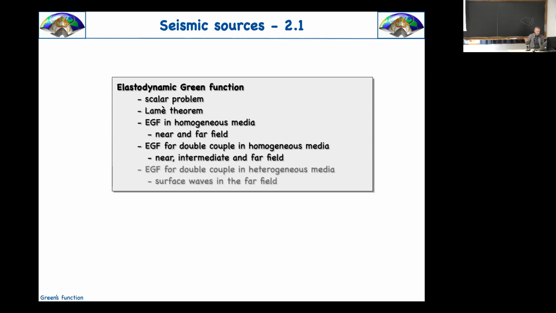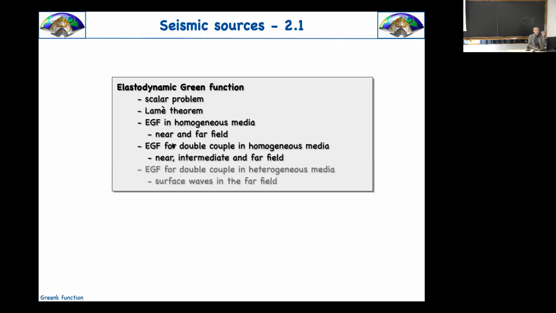All the algebra has been beautifully made by, for example, Stokes, Lamb, Green, of course. And we will consider one solution that will be very important, and it will give us two terms, and we will call them near field and far field.